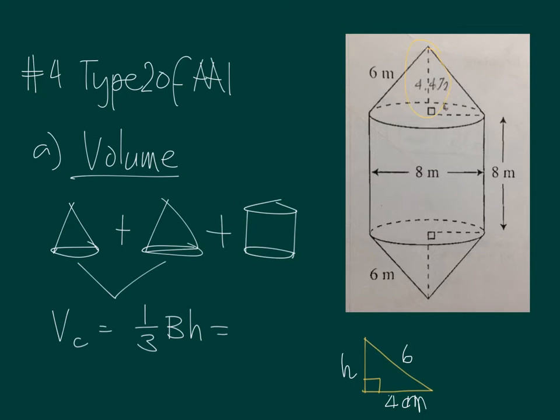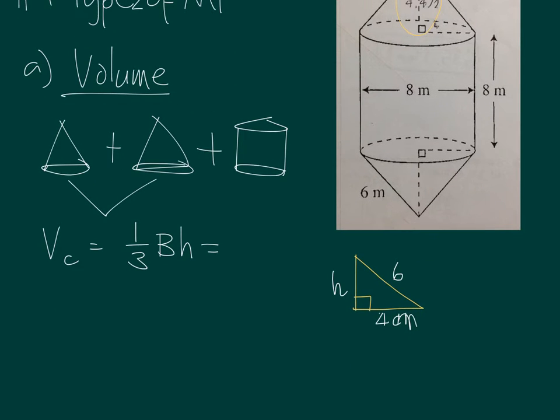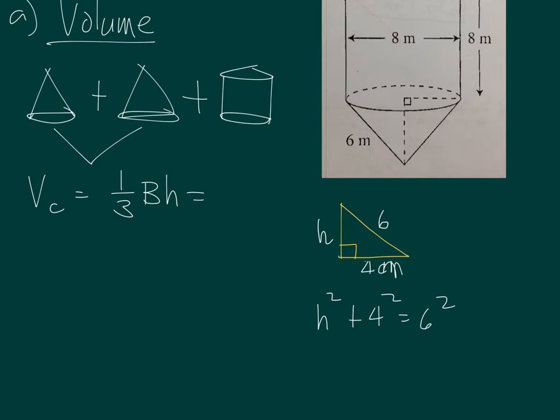By the Pythagorean theorem, h squared plus 4 squared is equal to 6 squared. So h squared is 6 squared minus 4 squared, or h is the square root of 6 squared minus 4 squared.